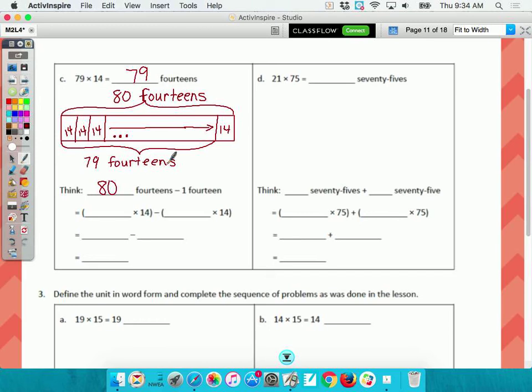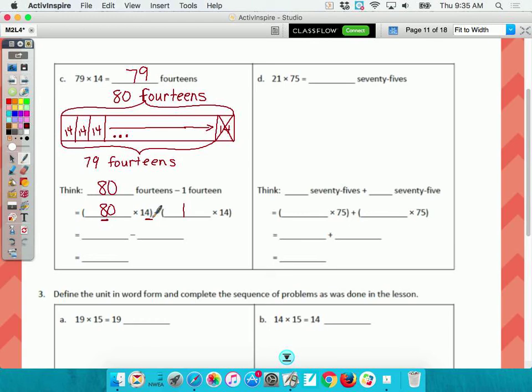Now, I don't love the fact that they told us we're subtracting, because I would like for you to have to figure that out yourself, but they told us, so that means I'm going to subtract 1 14. So make sure you cross it off. Okay, do the math. What's a way to figure out 8 times 14? 8 times 4 and 8 times 1.